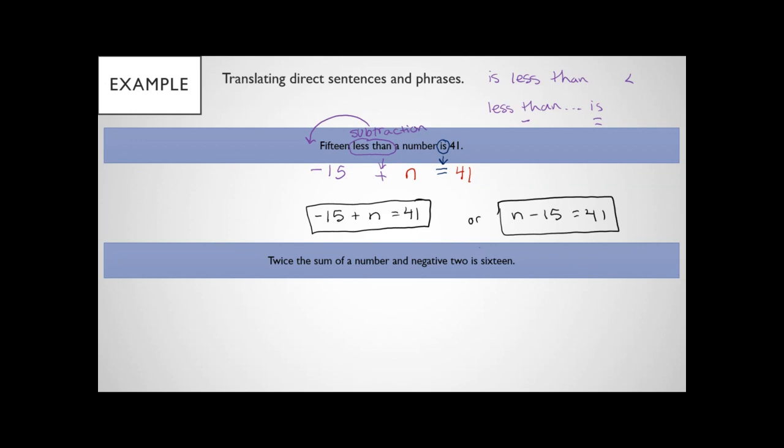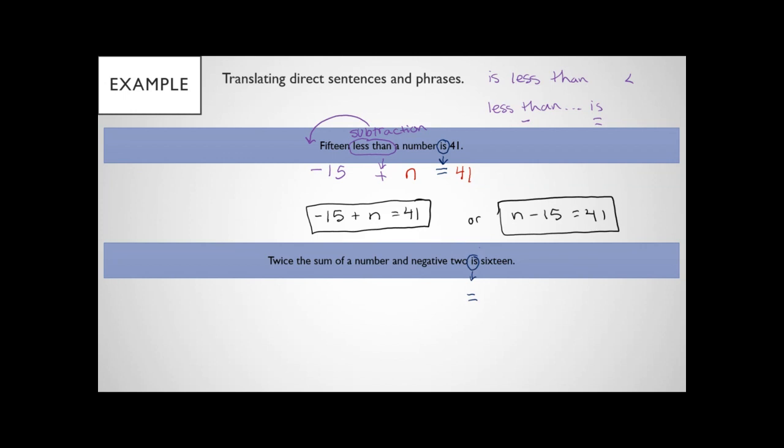Okay, so let's move on to the second example here. We have twice the sum of a number and negative 2 is 16. I'm going to look for where the word is located, and that's going to give me an equal sign. I always do that first. Then I start going from left to right.